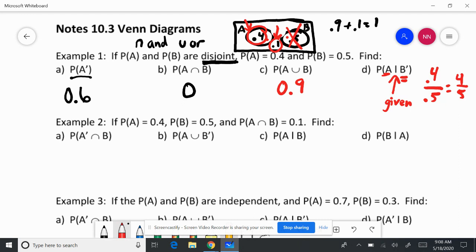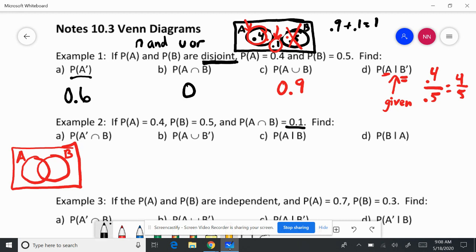Now, looking at example 2. With example 2, it doesn't tell us that it's disjoint. So we're going to go with a Venn diagram where we have A and where we have B. They tell us that it overlaps.